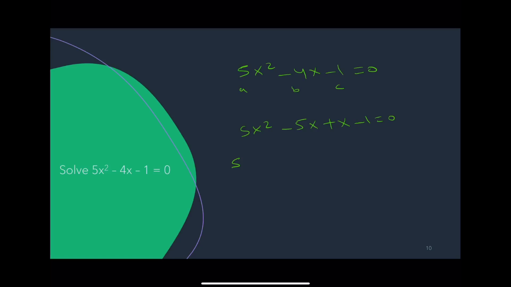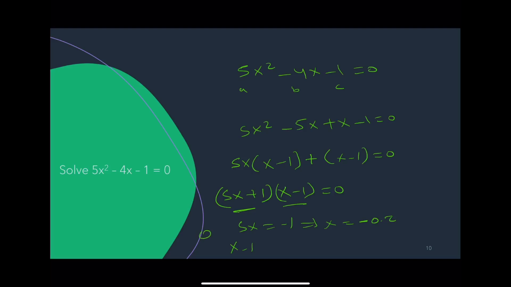Take common denominator here, 5x. That means x minus 1 plus x minus 1 equals 0. That means 5x plus 1 multiplied by x minus 1 equals 0. One of those should be equal to 0. That means 5x equals minus 1, that means x equals minus 0.2, or x minus 1 equals 0, that means x could be 1.